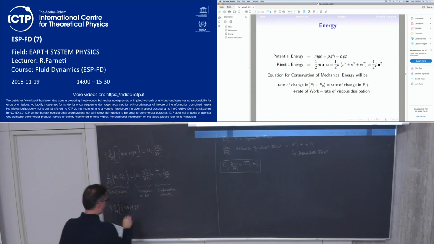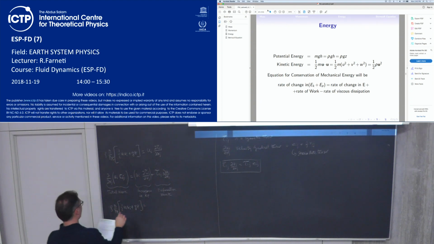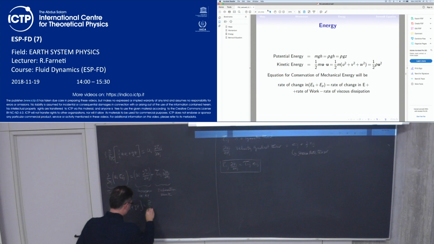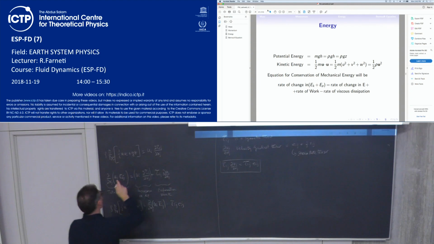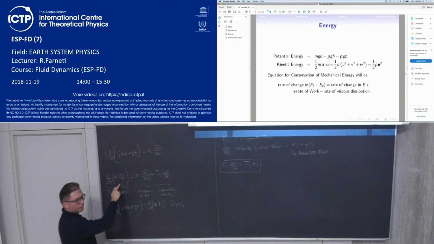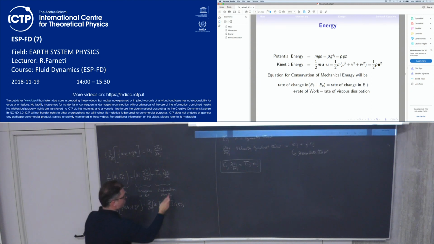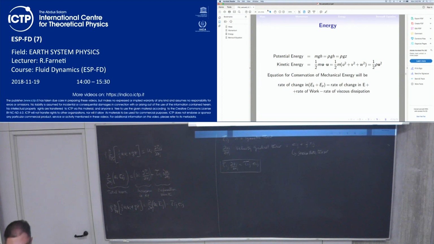So now my rate of change of my total mechanical energy is going to be equal to the total rate of change, minus the deformation, which can be written that way, okay? So I'm not going to use this term anymore, I'm going to use the total work done on the element of fluid minus whatever goes into deforming the element of fluid.